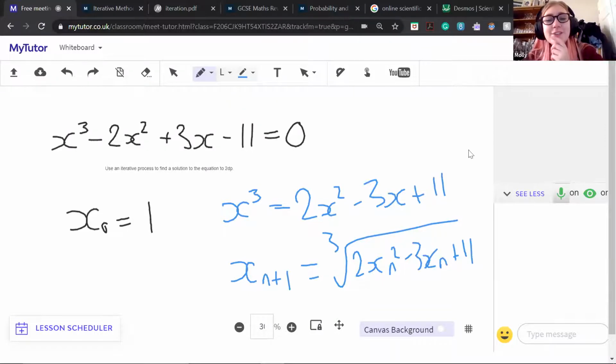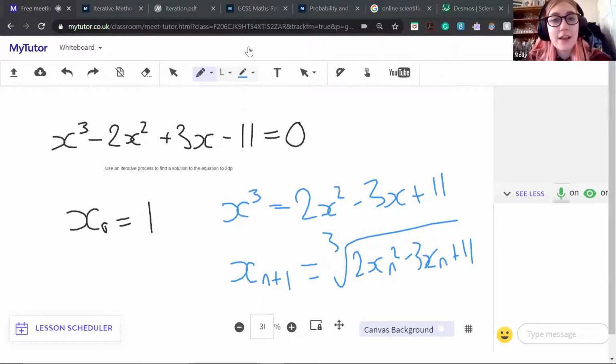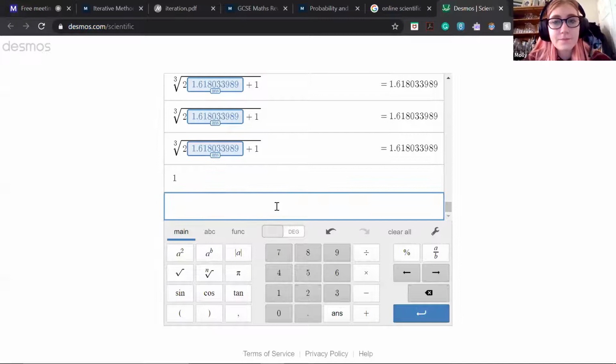Okay, I've got 3 different solutions from people. Maybe they rearranged it differently. Maybe I've done a peculiar one that doesn't quite work. So we'll put in that first value, just so that that's saved in the answer.